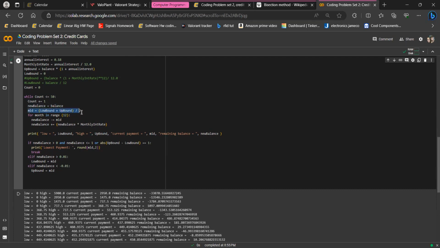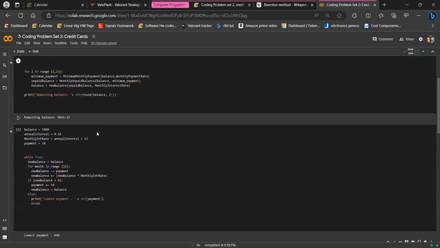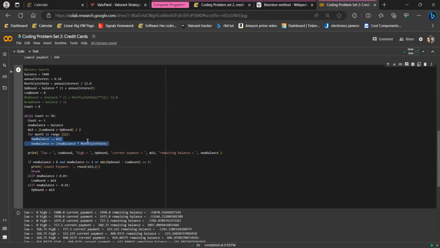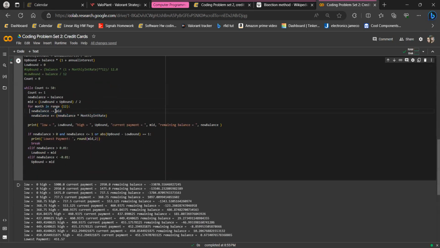I create a midpoint, which is the lower bound and the upper bound divided by 2. We are iterating through 12 months, kind of like the second problem, where you're taking away the midpoint from the balance that you have, 5,000, and adding interest onto that.